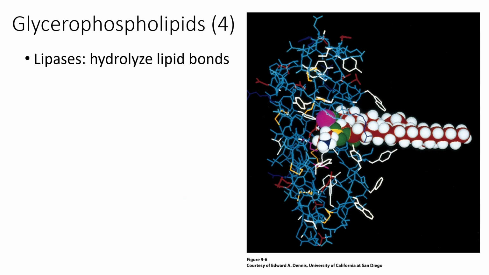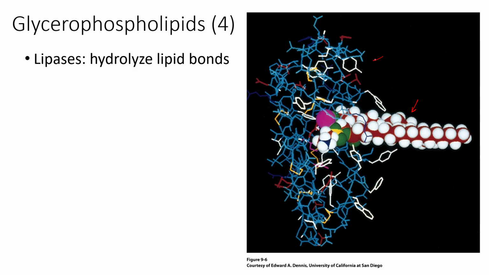So before we continue further with this, let's talk a little bit more about how lipid bonds can be broken. And this is done using enzymes that are called lipases. And so if you look at this diagram here, this sort of space-filling structure here is a glycerophospholipid, and it's getting cleaved by an enzyme, which is a protein called a lipase.